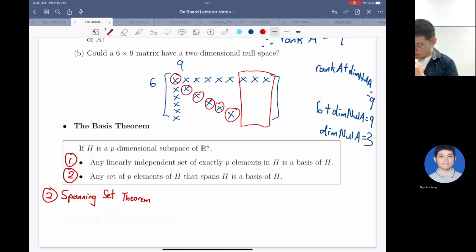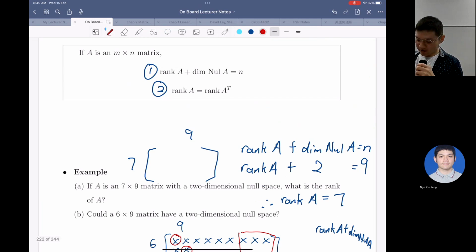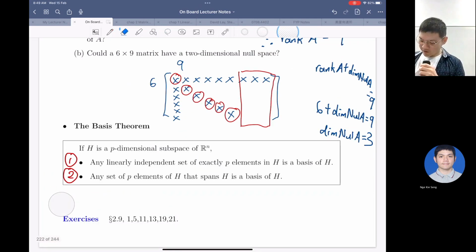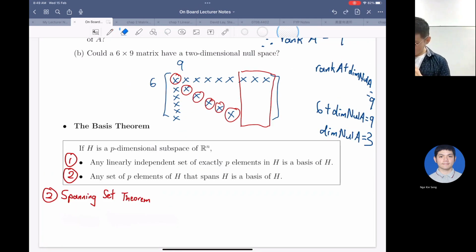So the idea is, let me see how to. Or maybe do you have any question first? Do you have any idea? Not sure if I want to explain this part. If we don't prove it, then it's not very useful.